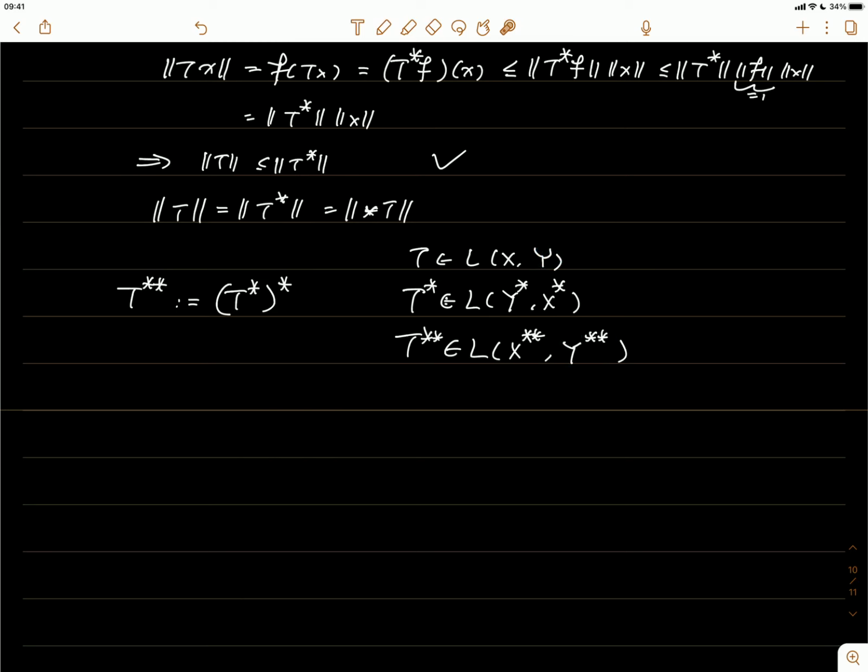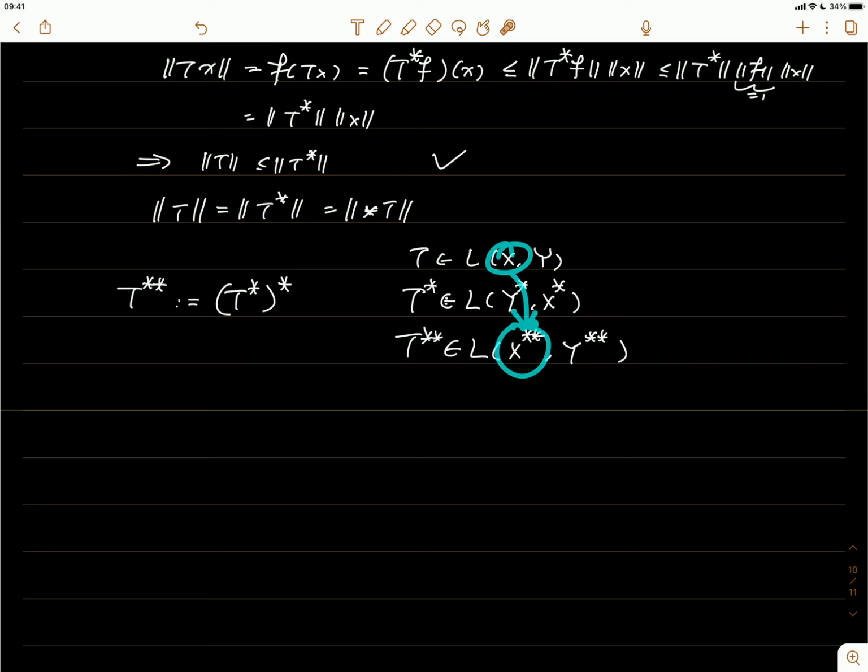Okay, and what we know is that if they agree, for example, if I'm looking at any element in the bidual, which is actually from here, we know that this can be isometrically embedded into the one below as a closed linear subspace.